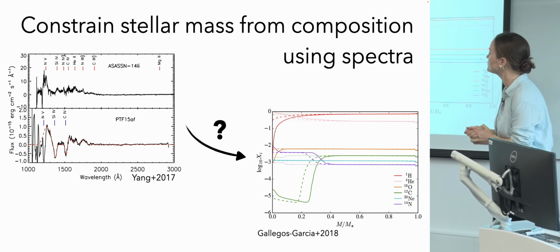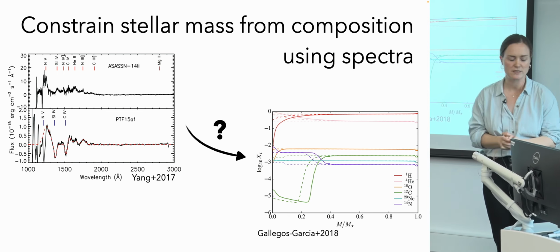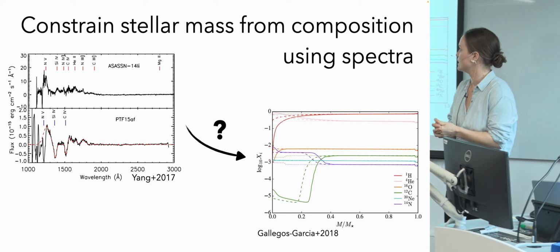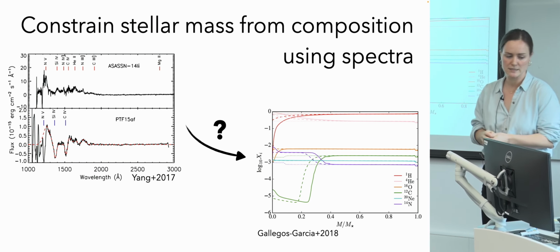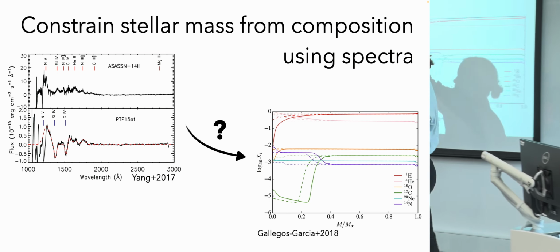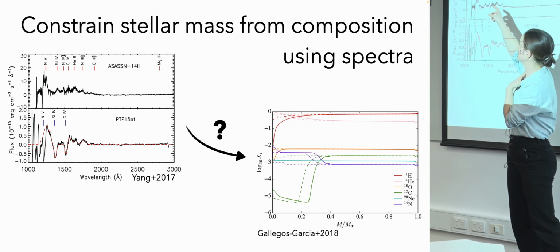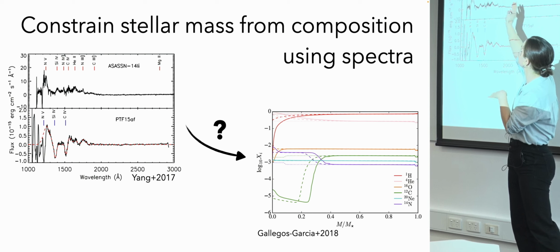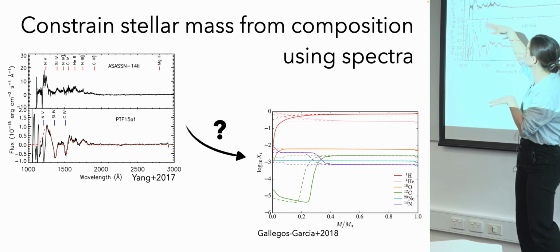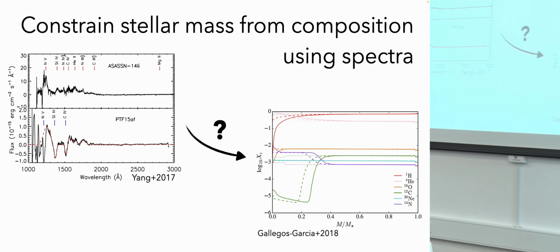What really got me motivated in this is that some of these TDEs showed interesting metal lines. Here I'm plotting 2 spectra of TDEs, and these are probably too small to see, but there are some nitrogen, carbon and silicon lines in addition to helium.